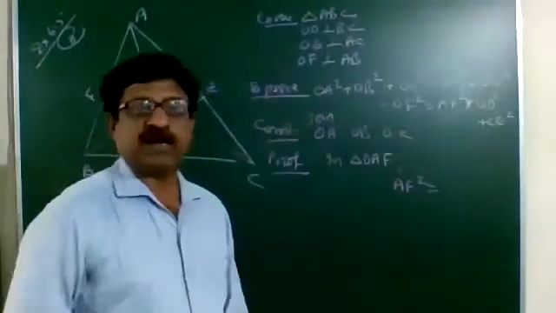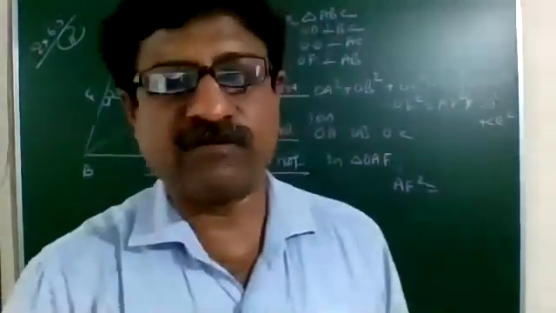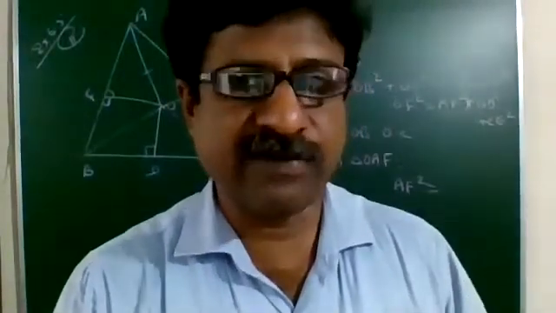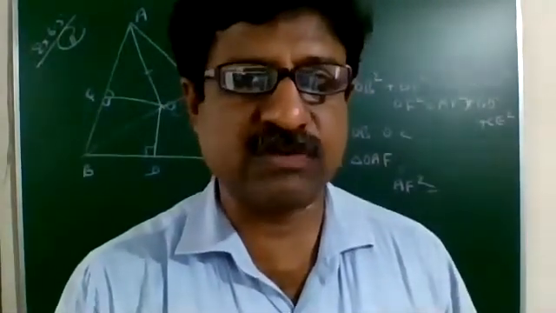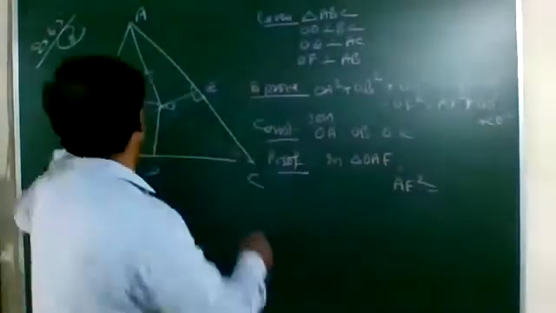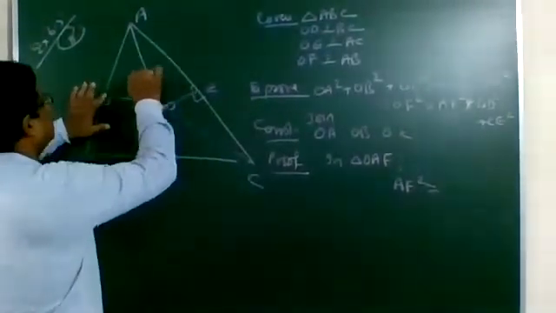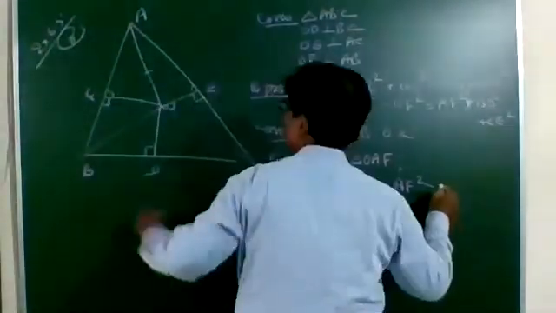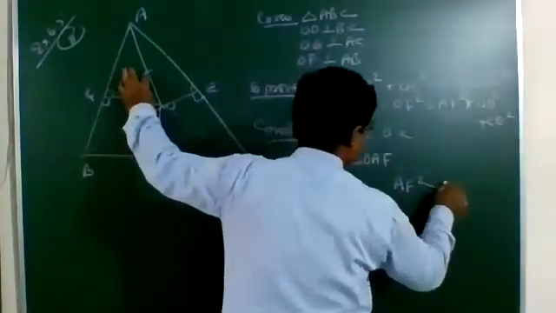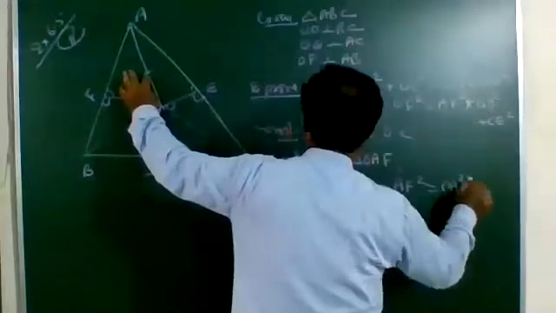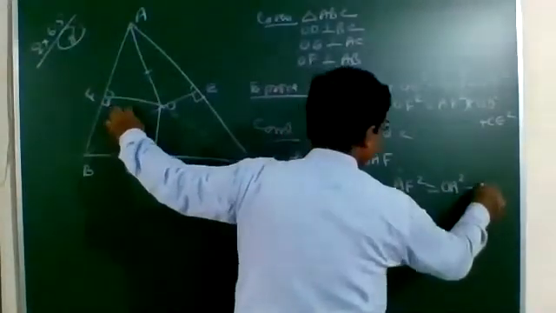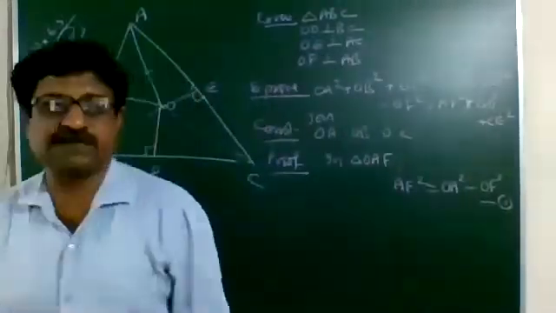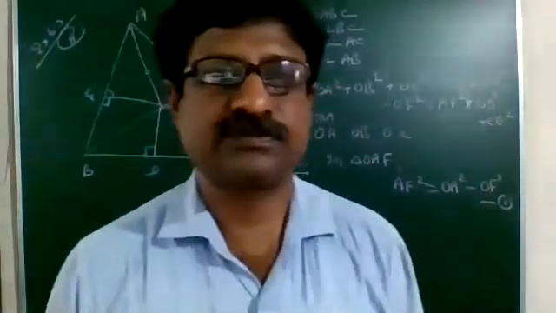If you are finding the hypotenuse, square of hypotenuse is equal to sum of squares of other two sides. But if you are finding one of the sides like AF square, this will be equal to hypotenuse square minus square of other side. AF square equals hypotenuse square OA square minus OF square. The reason you can write is Pythagoras theorem.